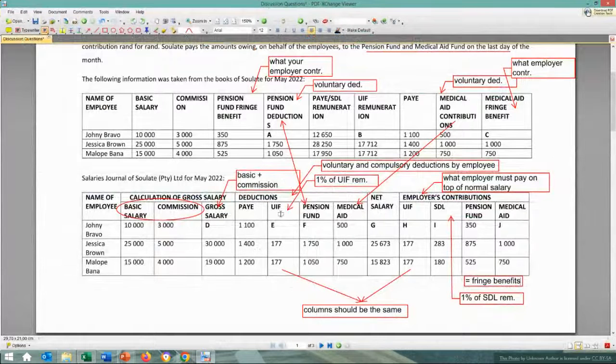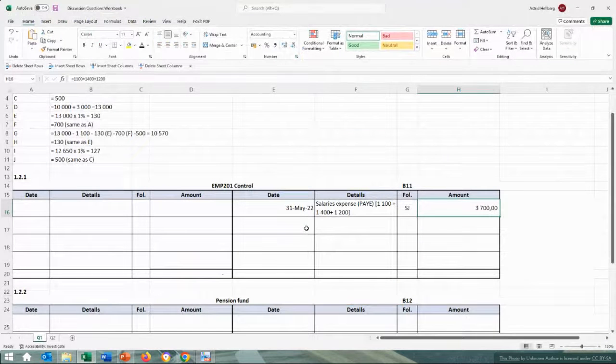Then the next thing we have to do is the UIF that also needs to be paid over. So it's the 130 plus the 177 plus the 177, which also goes to salary expenses, gives us a value of 484 Rand.